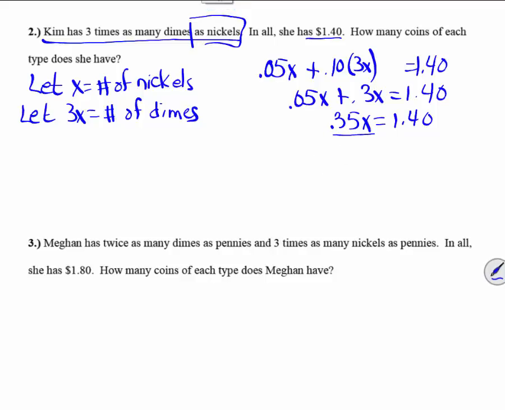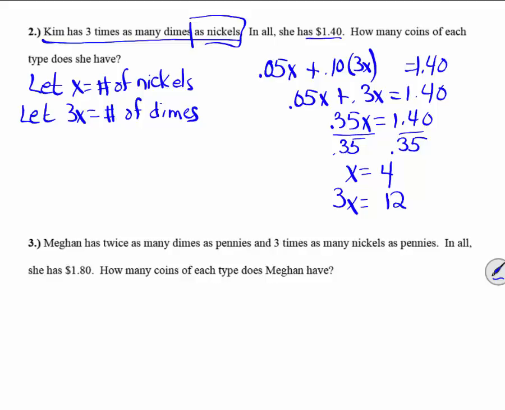If you feel like you're not good with your decimals, please feel free to make use of your calculator. So $1.40 divided by 0.35 gives me 4. Right, so we want to know how many coins of each. So we have 4 nickels, and 3 times x gives me 12 dimes. Right, so 12 dimes is $1.20 plus another 20 cents for my nickels. This is how I got the $1.40.